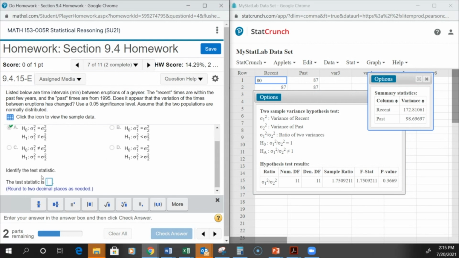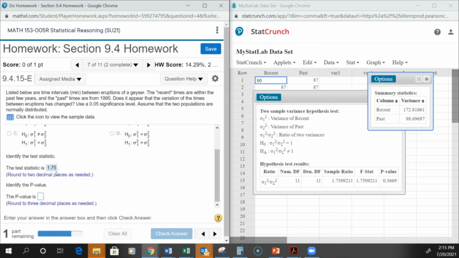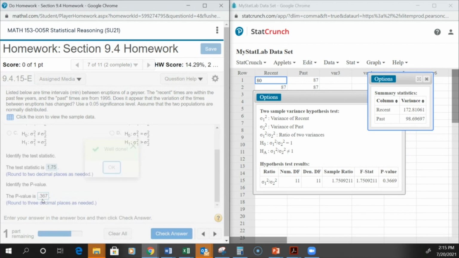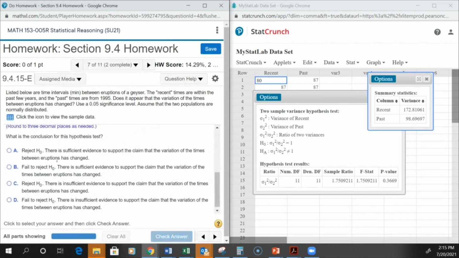Anyway, the F stat is 1.75. And the p-value is a pretty big .367. If p is high, the null can fly: fail to reject, which means insufficient evidence.